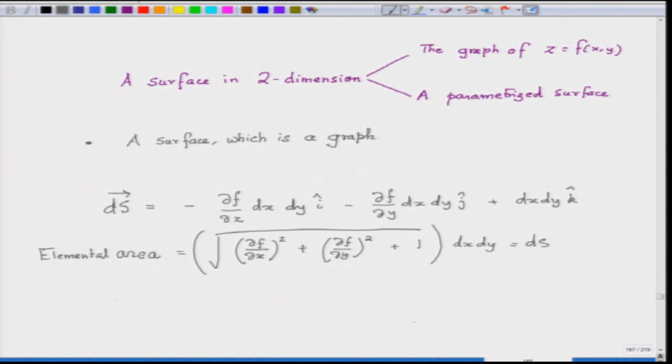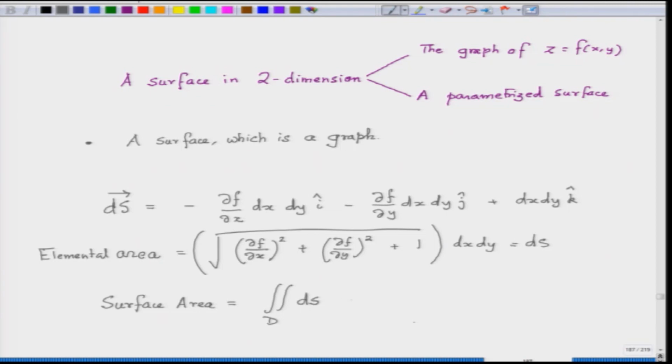So, my total surface area is the integral over the domain D, where x, y vary, of ds.